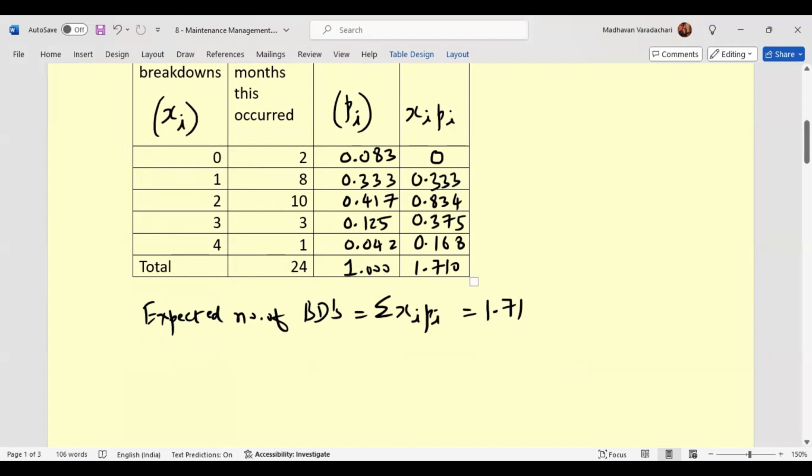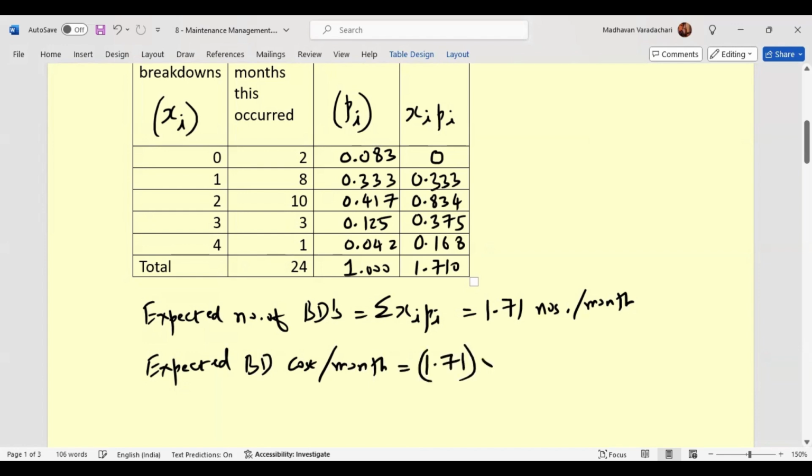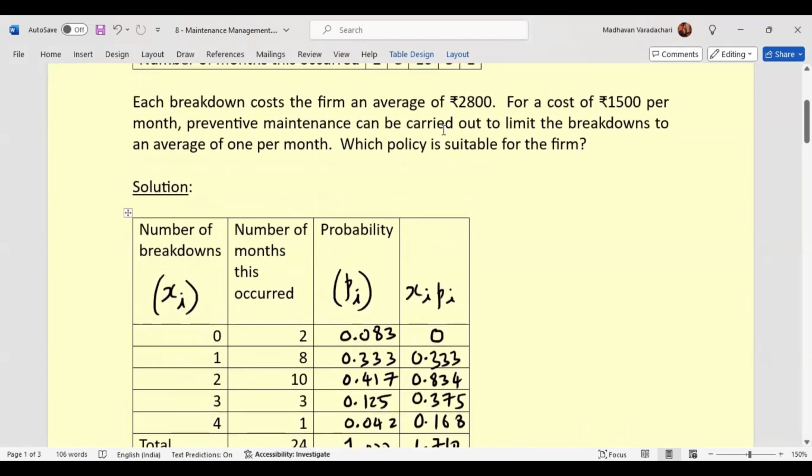Now we will calculate the expected breakdown cost per month. Expected breakdowns are 1.71 per month. Now, the expected breakdown cost per month will be this 1.71 multiplied by the cost per breakdown, which is given as rupees 2,800.